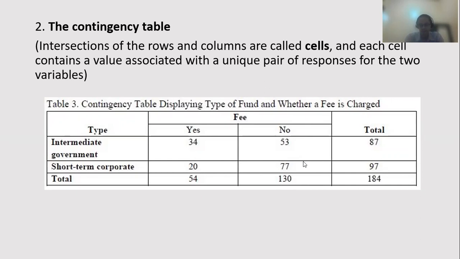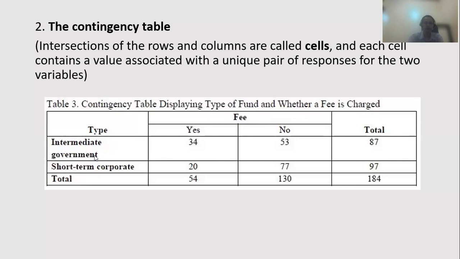No fee, 77 responses. So if you look at it, the row goes horizontal, and the column goes vertical. If you look at the row here, regardless of the fee. So if you're looking at the row total, you will be focusing simply on this type, regardless of whether the fee is charged or not.